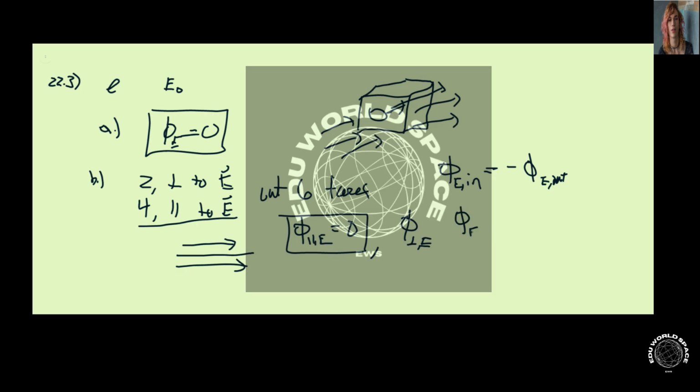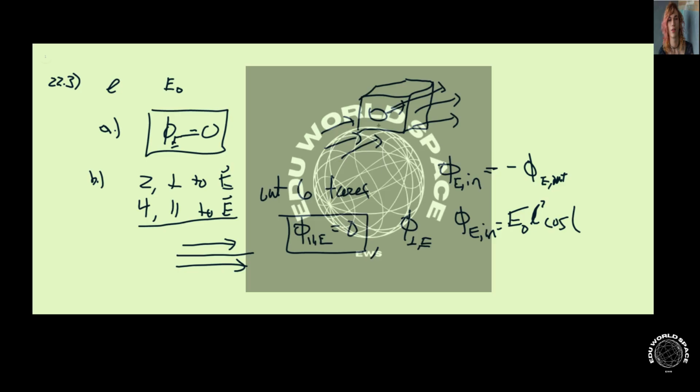So now let's find the electric flux entering. This is given as the magnitude of the electric field times the area, and the area is L squared because it's a cube of side length L. And now times the cosine of the angle between them.